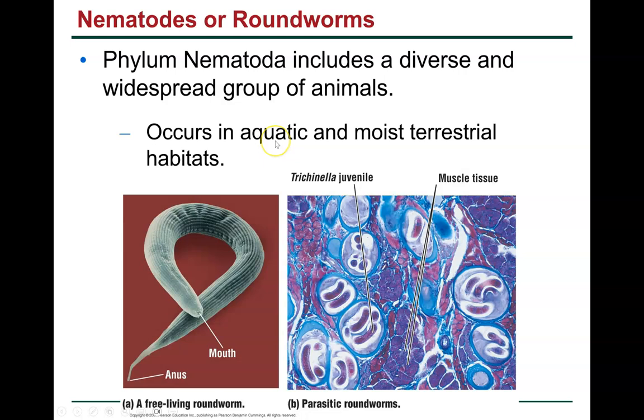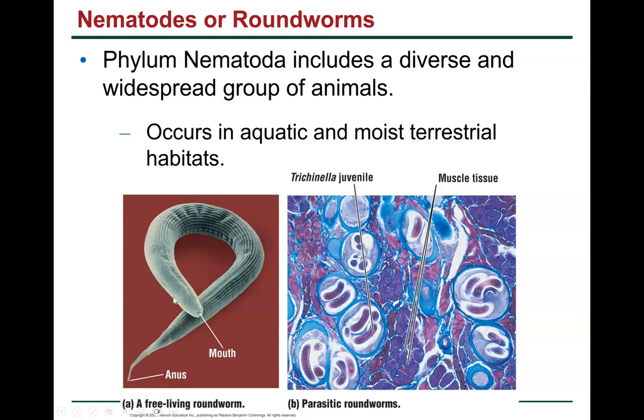They mostly occur in aquatic situations, sometimes moist terrestrial habitats. The really cool thing about them is they have a mouth and an anus in a different place. Yay!